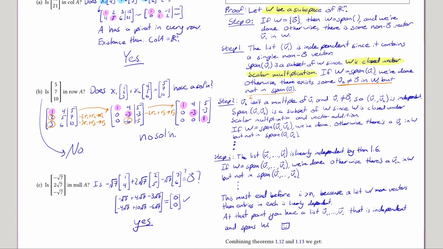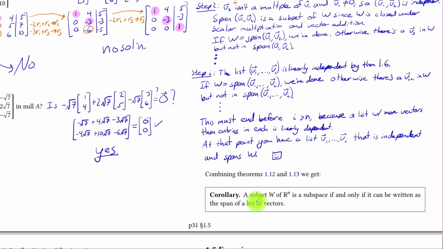And what this also says is that the following corollary is true. A corollary is just like a theorem that follows directly from a previous theorem. This says a subset W of Rn is a subspace if and only if it can be written as the span of a list of vectors.